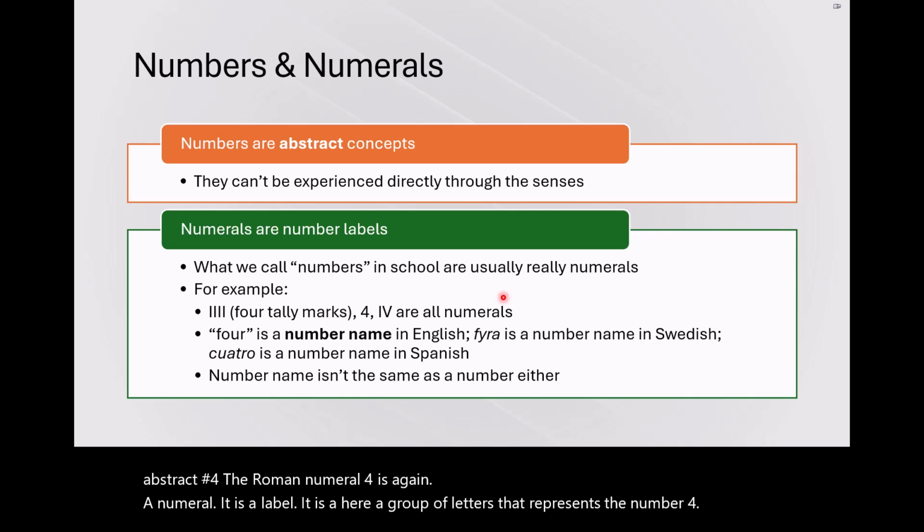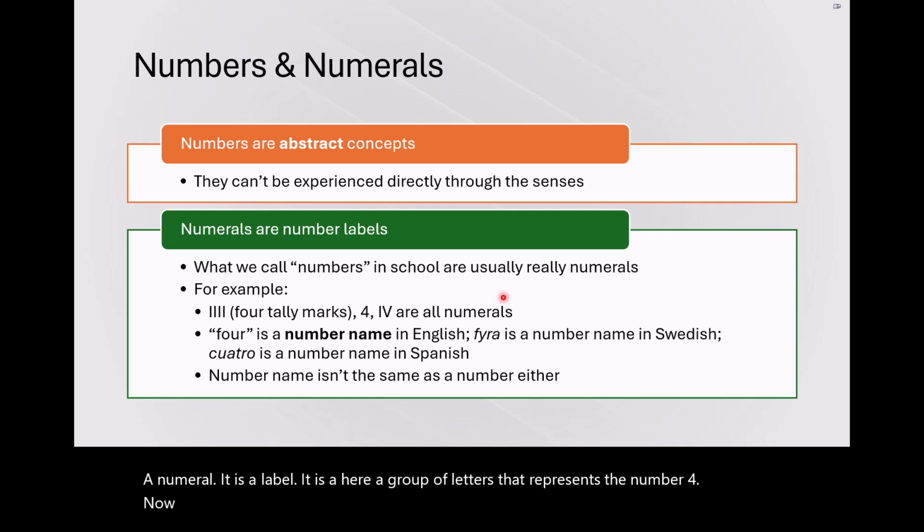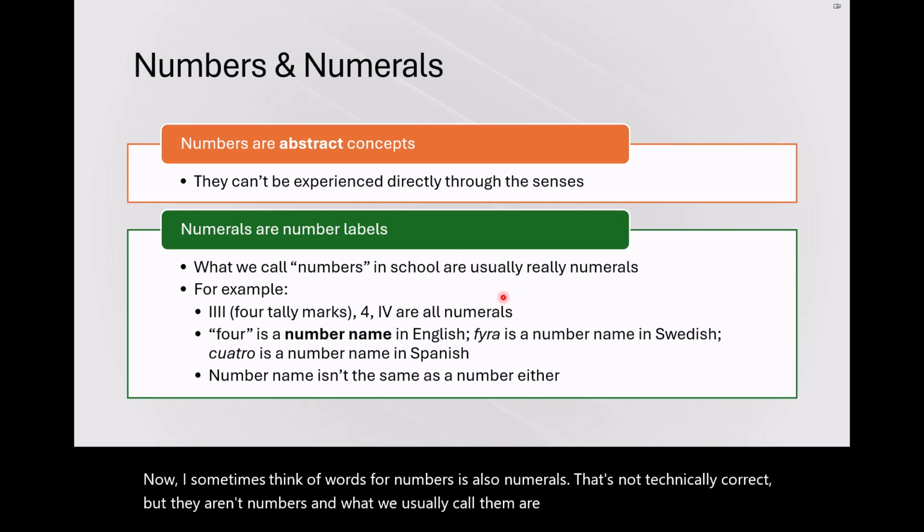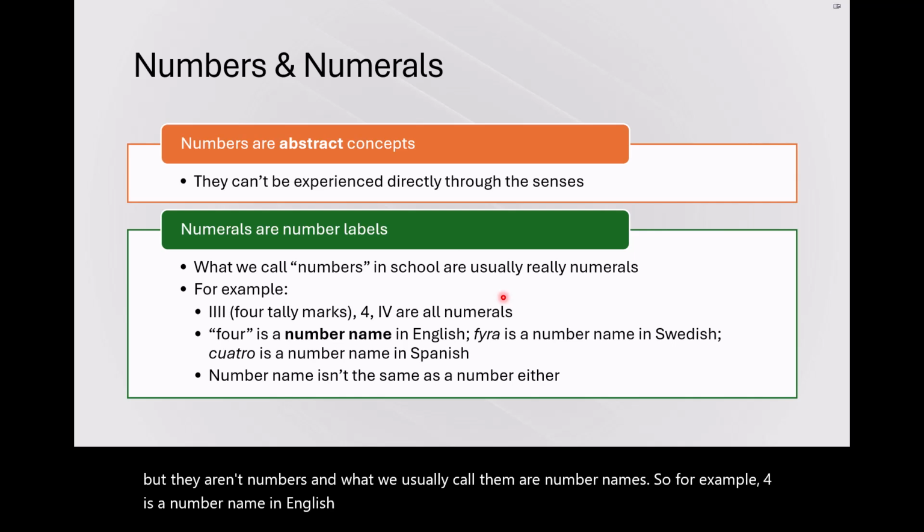Now, I sometimes think of words for numbers as also numerals. That's not technically correct, but they aren't numbers. What we usually call them are number names. So, for example, "four" is a number name in English for the abstract number 4. Different languages have different number names, right?